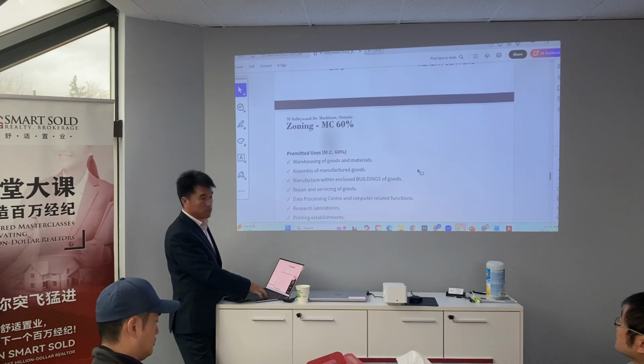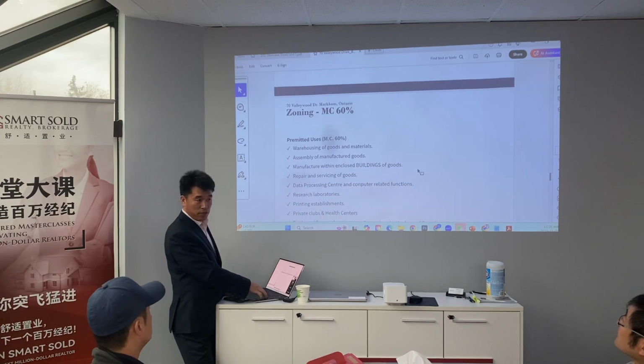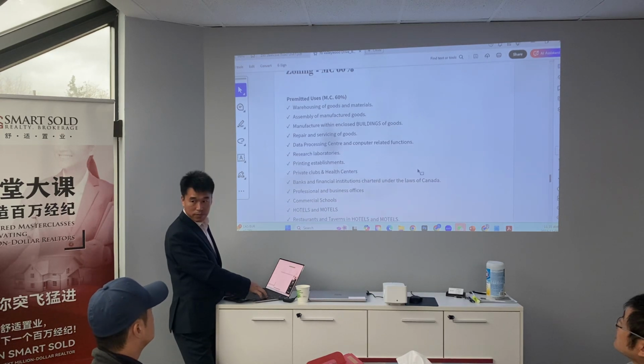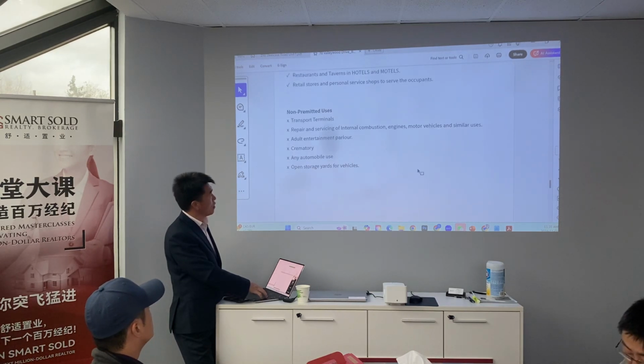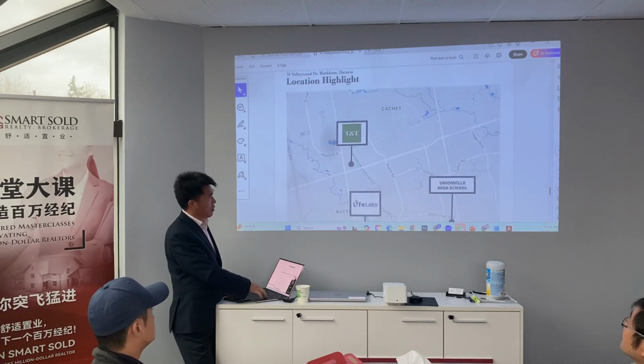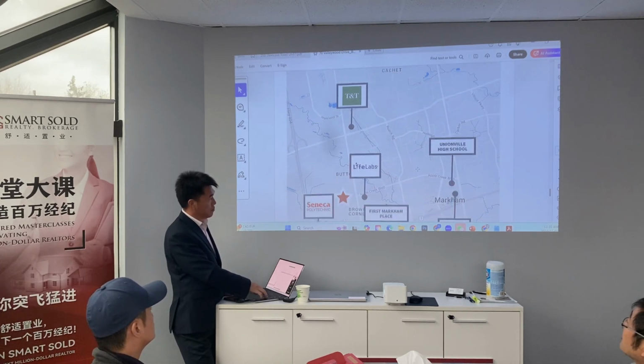That's the zoning, clearly defined, and shows what kind of business is allowed in this building. And highlights of the neighborhood.